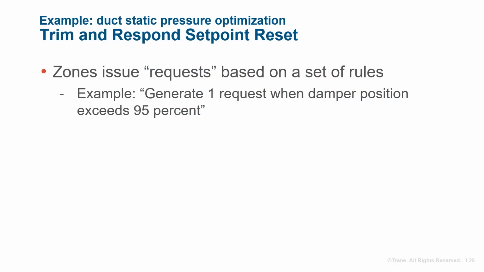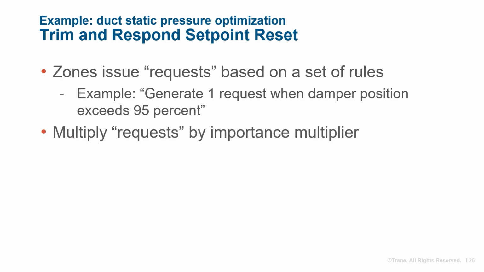Let's look at an example of how trim and respond works using duct static pressure optimization. Each zone or VAV box controller generates requests based on rules. In this example, a request is generated if the damper position exceeds 95%. Not all zones are necessarily equal. Some zones may be more critical or not important.